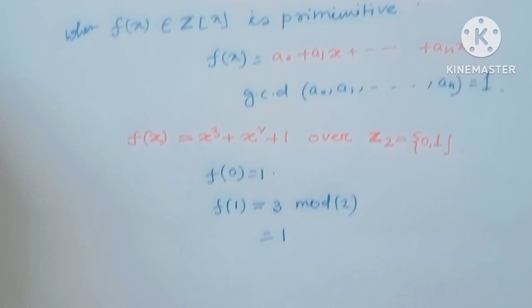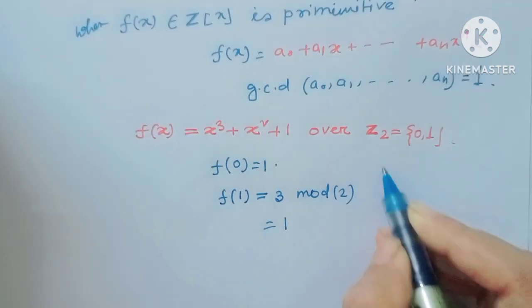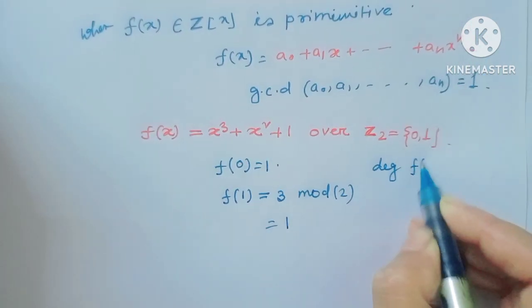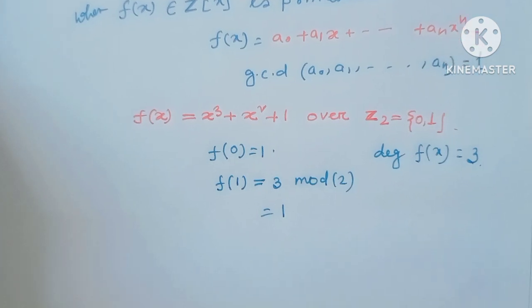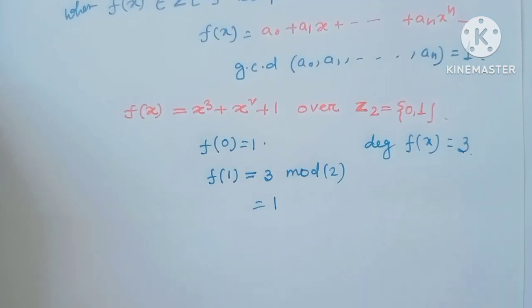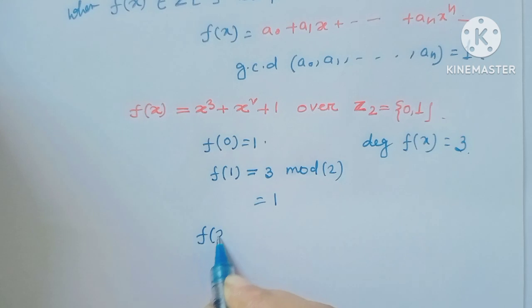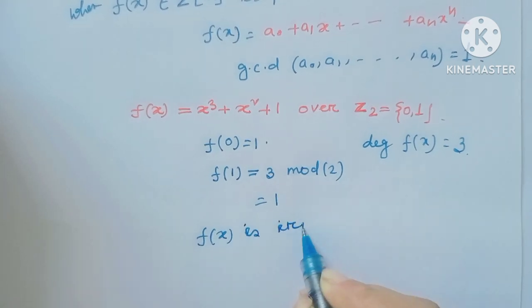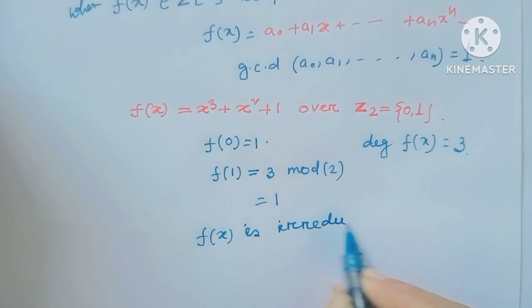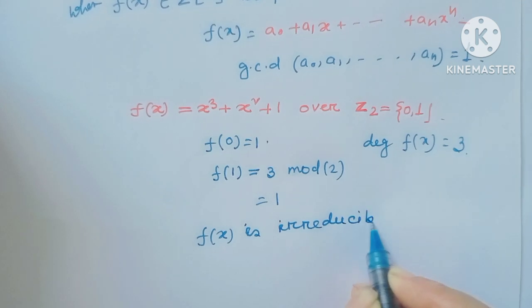Since degree of f(x) is 3, by root test we can tell f(x) is irreducible over Z2.